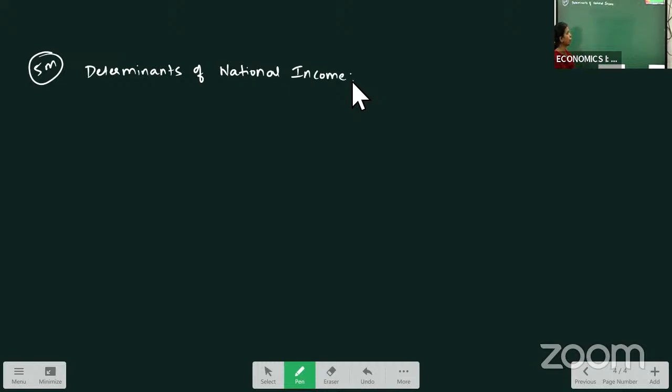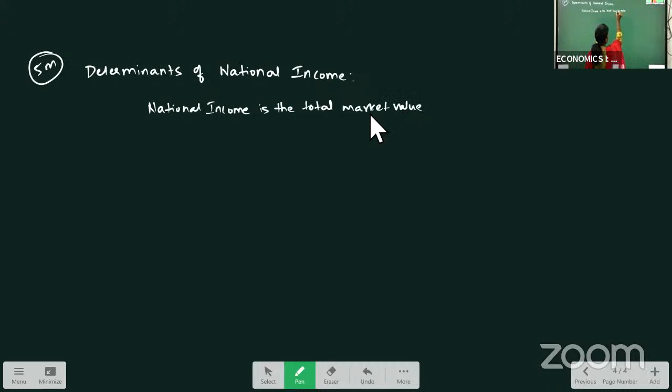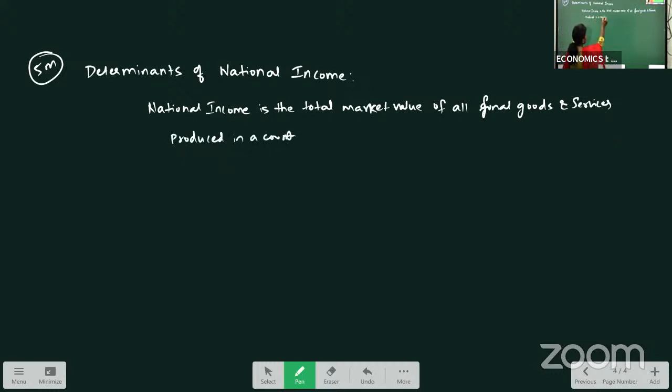So for this also you should write down the introduction. National income is the total market value of all final goods and services produced in a country in a year.